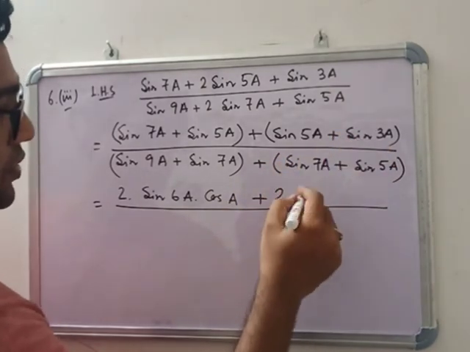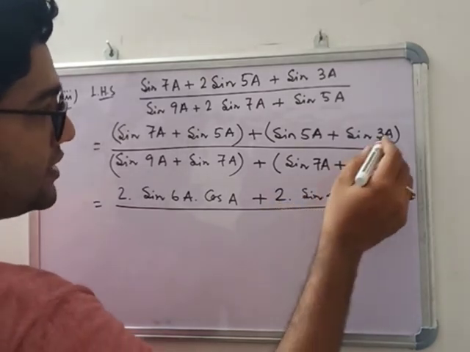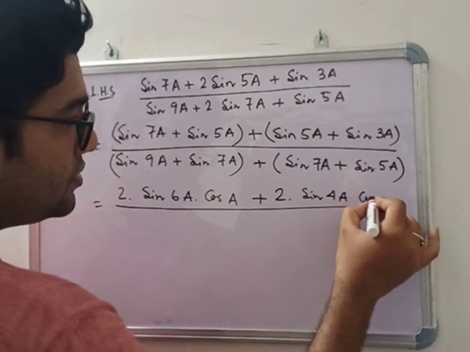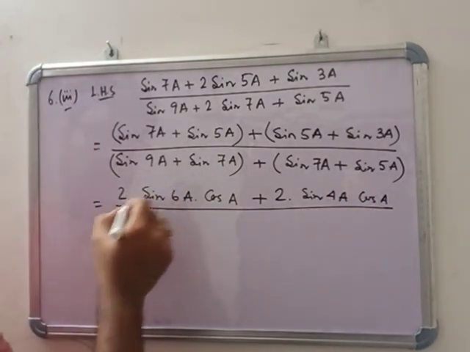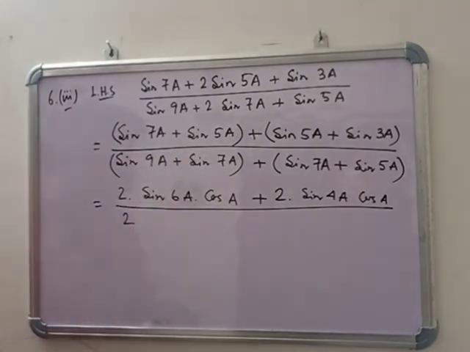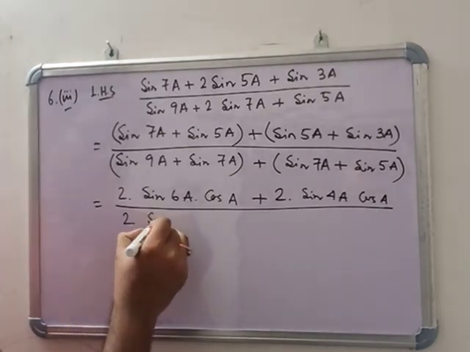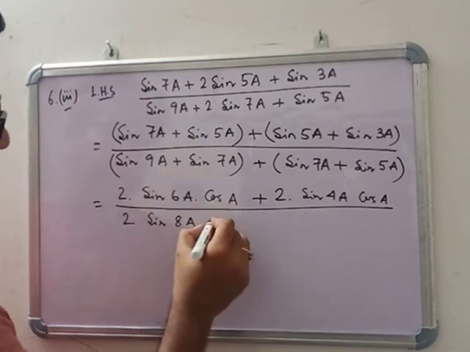So 8 by 2, that is 4. So sin 4A. And similarly minus, so cos A. Okay. Same thing. So 2, 9 plus 7, 16, that means 8A into minus, that means cos A.